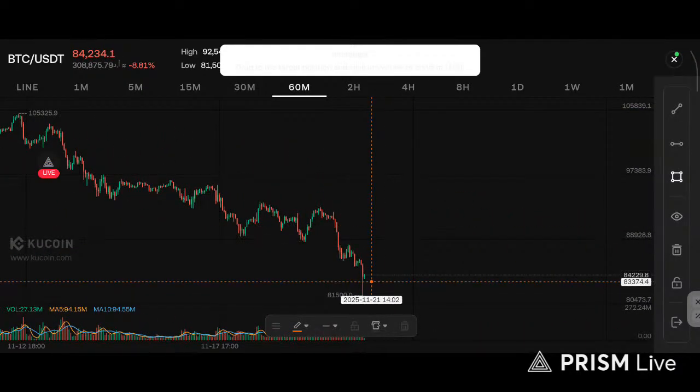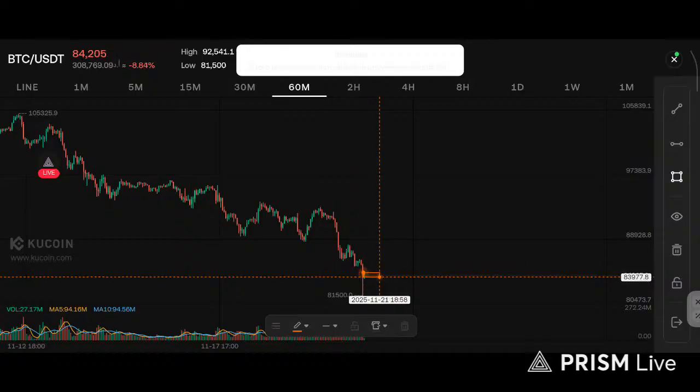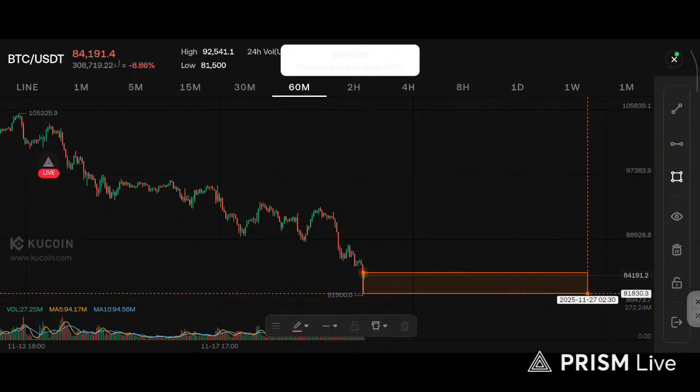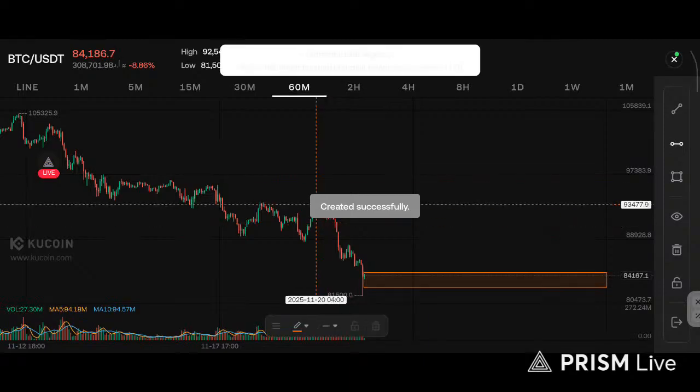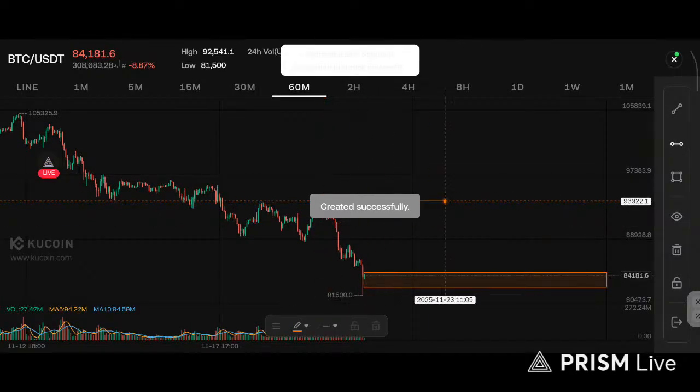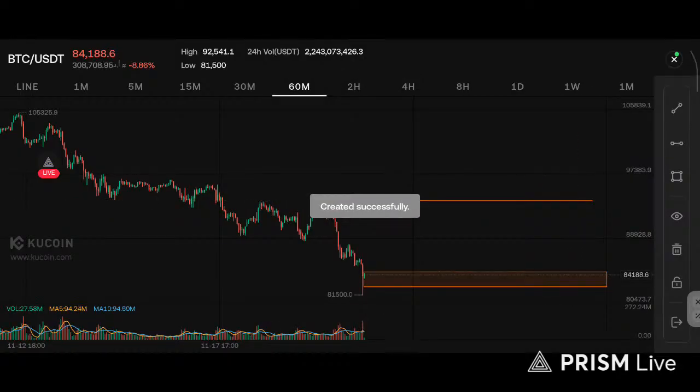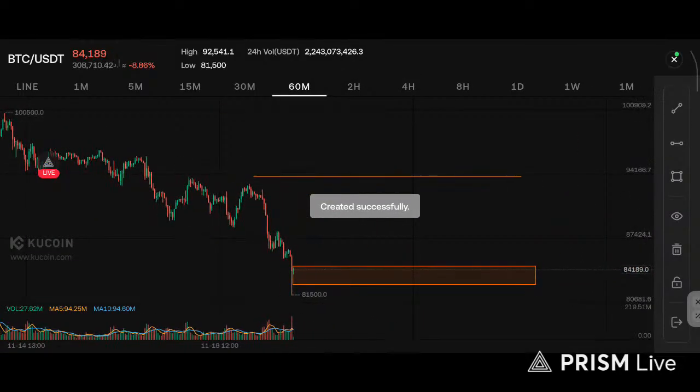Once that candle finishes forming and we observe that our order block has been formed, we wait for the market to break this previous higher low, then we look for a buy setup from there. So just stay with me while we do this together.